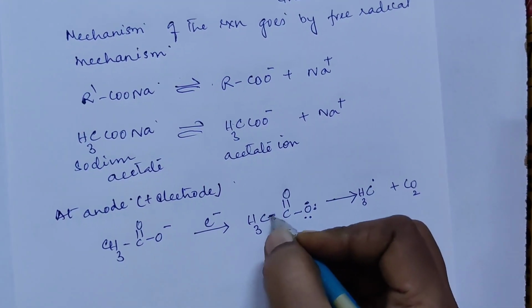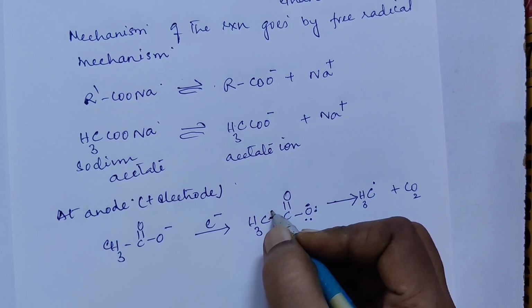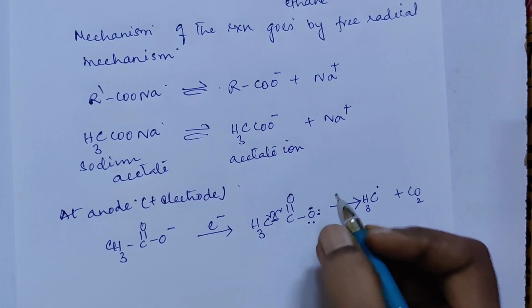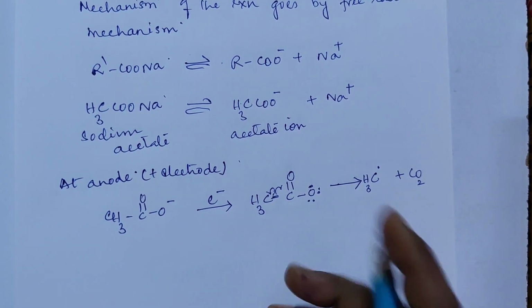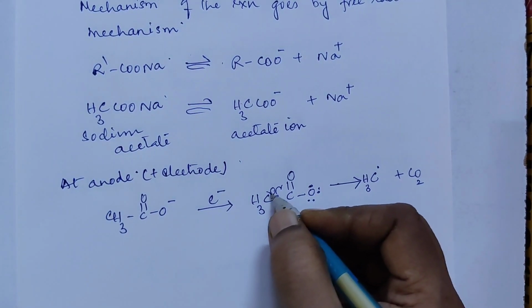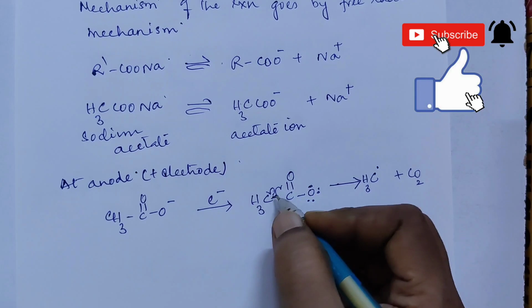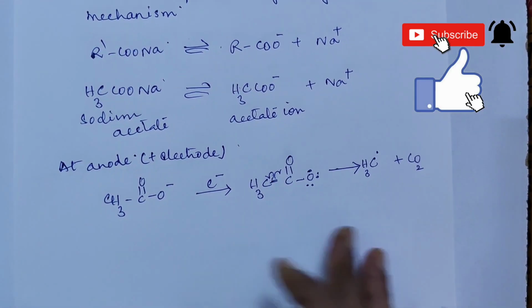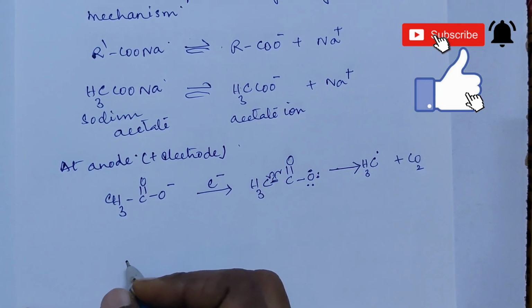Here there occurs a homolytic fission, that is, the electrons will be shared equally, and we get a methyl free radical and carbon dioxide is evolved.